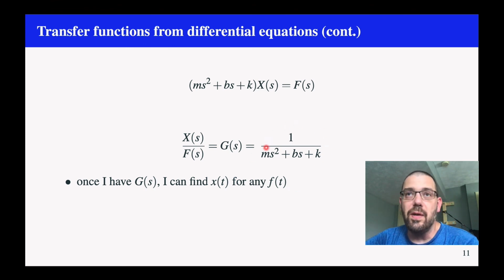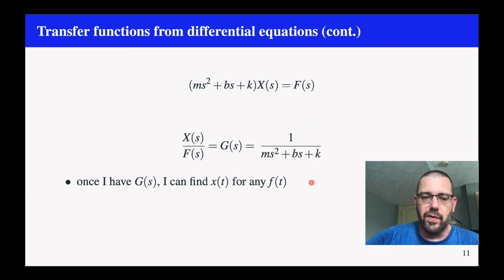So not only is this an input-output model of my dynamic system in the Laplace domain, but they also generally work out to be fractions involving polynomials in s. So I'll have some numerator polynomial, in this case just 1, and then I'll have some denominator polynomial in s, and so that is another hallmark of a transfer function.